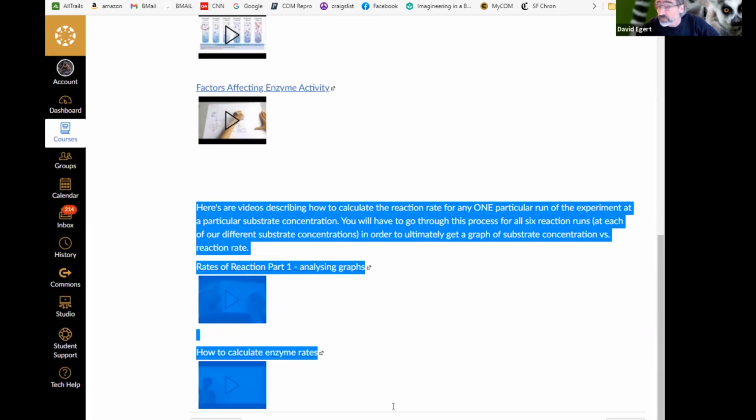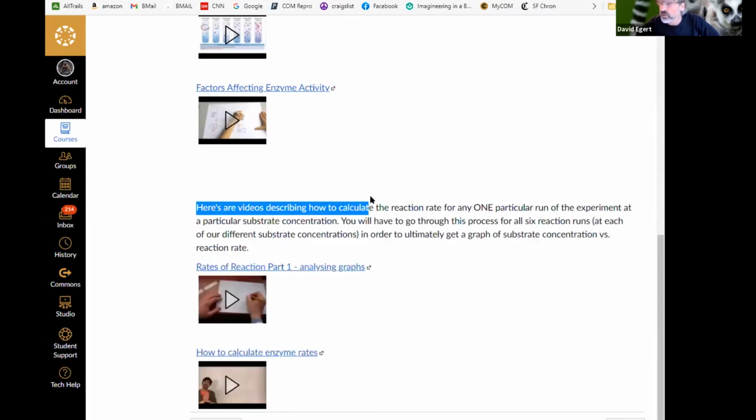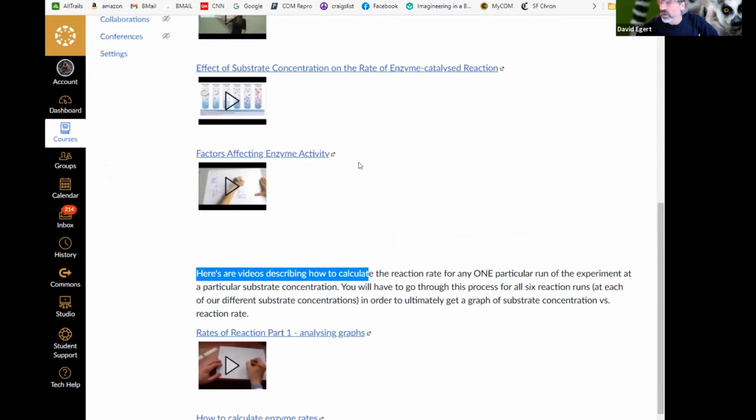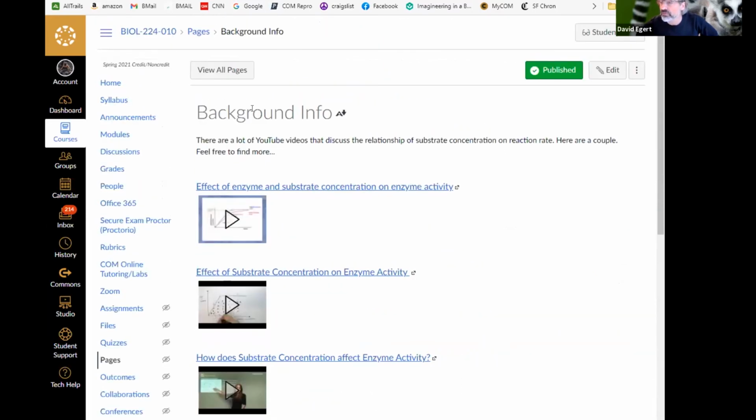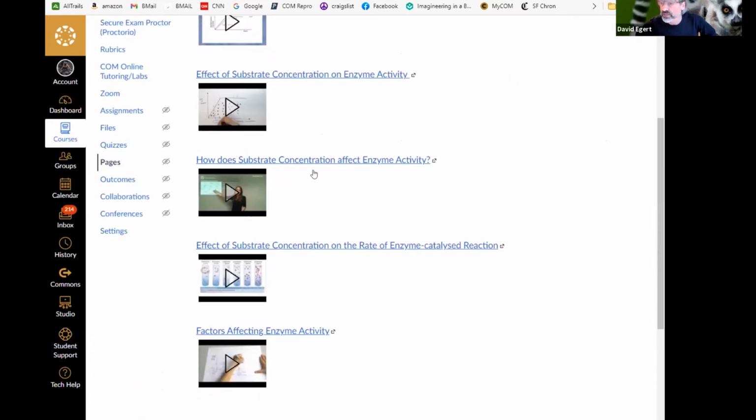This is about making the graph and calculating the slope to get the moles of oxygen per second. So even though we are now on the next module, you're going to have to go back to this background info because it has info about how to get a quantitative value for the reaction rate in moles of oxygen per second.